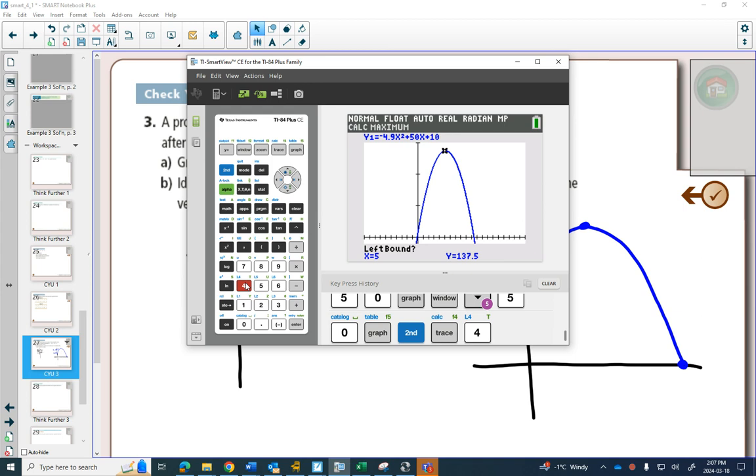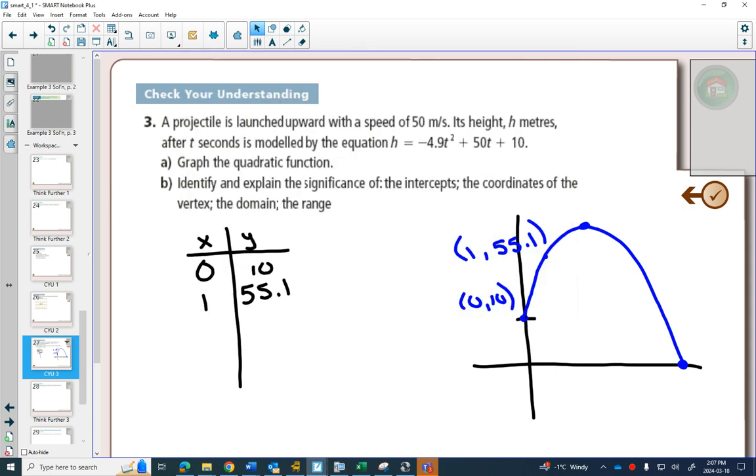It's really close to my maximum right there, but it says where you should be to the left side, so I'm going to use my arrow key, make sure I'm to the left, push enter, then make sure I'm to the right, and what you're doing is you're telling your calculator to find the maximum between those 2 points. Then it says guess, you just push enter again, and it tells you exactly that at 5.10, 137.55. You can label that now. 5.10.